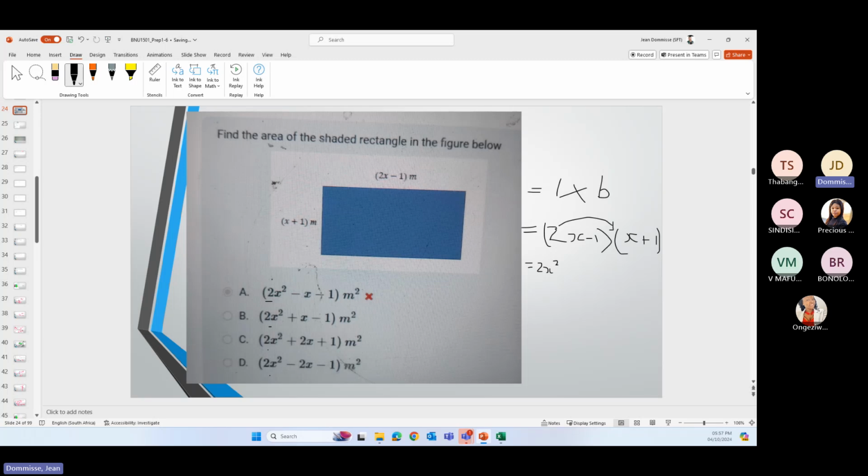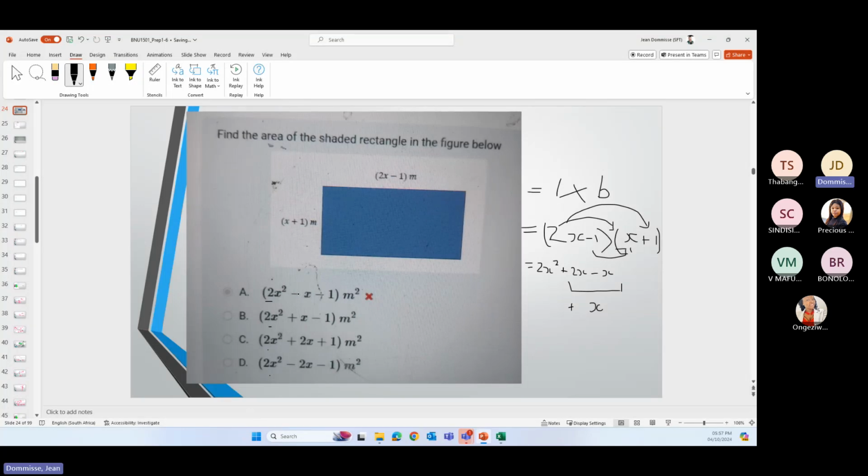Then I will say 2x times 1. So that is plus 2x. Then we do it with this one. Minus x times x is minus x. So that already we can simplify by saying 2x minus x. So we know that the middle term is plus x.